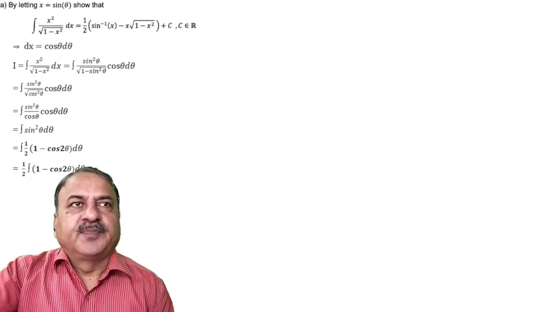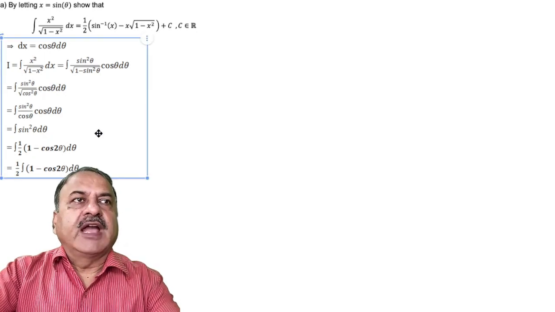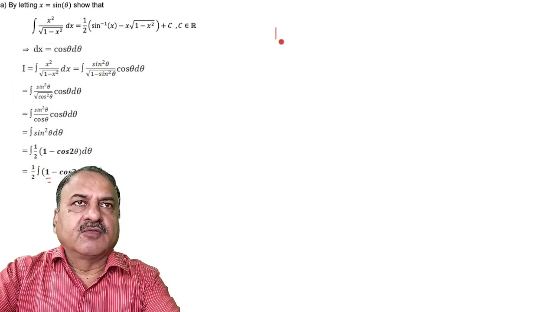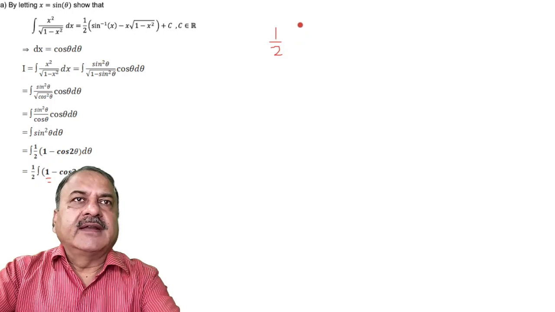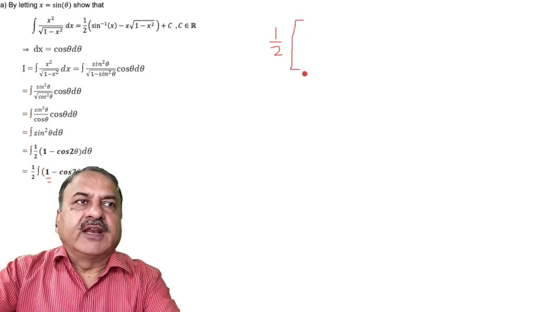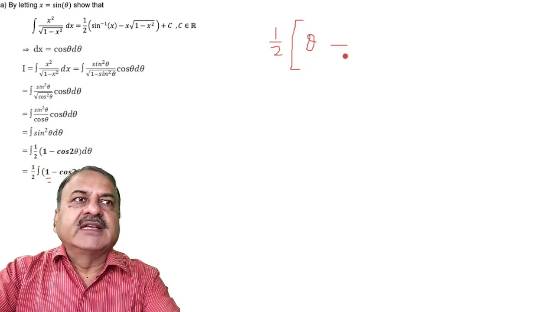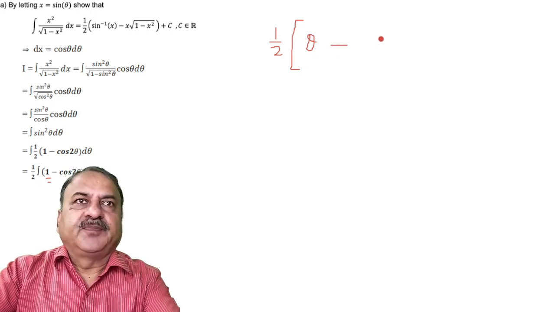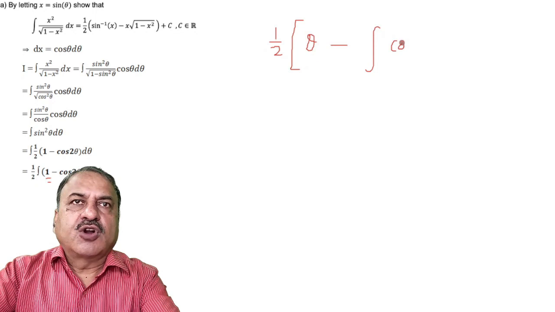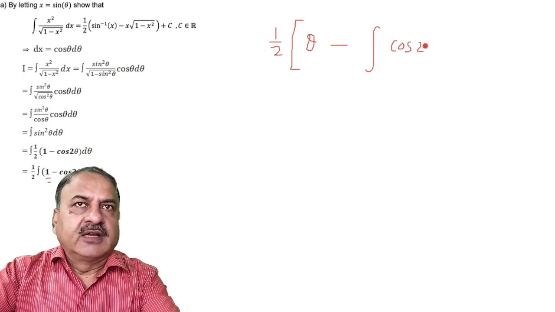Let's move on. Now we have to integrate it. 1 by 2 and then 1. The integration of 1 is simply theta minus the integration of cos 2 theta d theta.